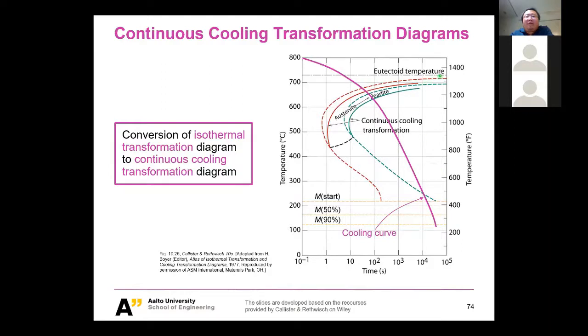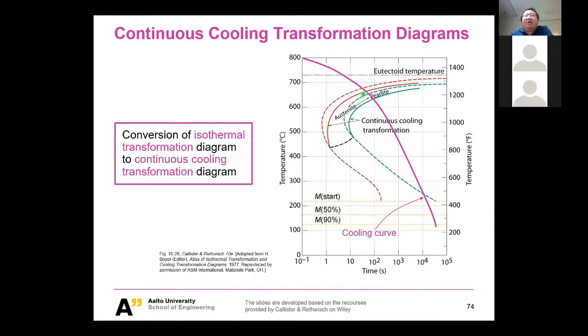As you remember, this diagram was plotted by basically an isothermal process. We take one temperature and we observe the phase transformation, and we gave these 3 points, 0, 50, and 100%, and we take another. So when you just use a continuous cooling transformation strategy, this will not be valid anymore, right? You will need to have another kind of points.